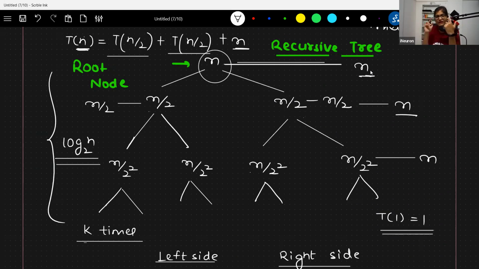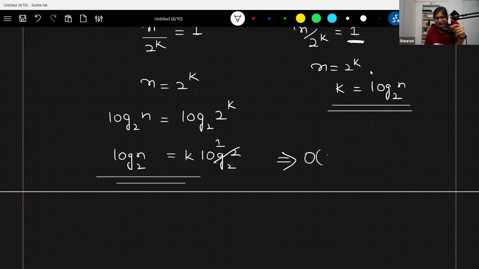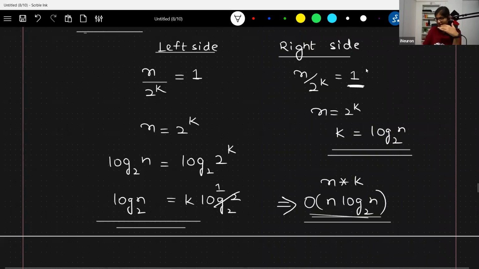Log of n base 2. For a single level, what is the cost? n. So the overall time complexity will be big O of n into log of n base 2. It is nothing but n into k, where k is the number of times we repeat this task.